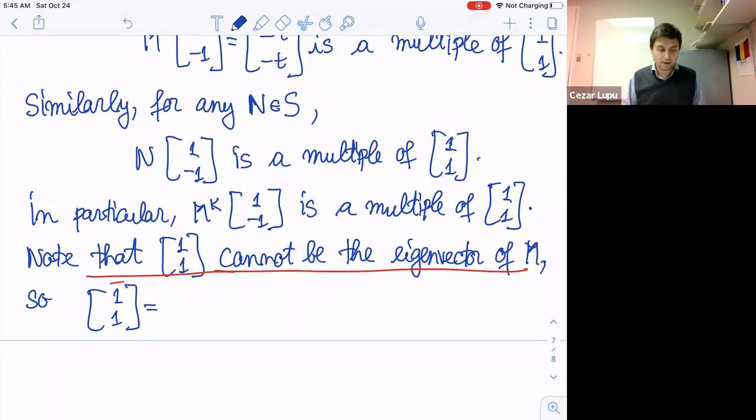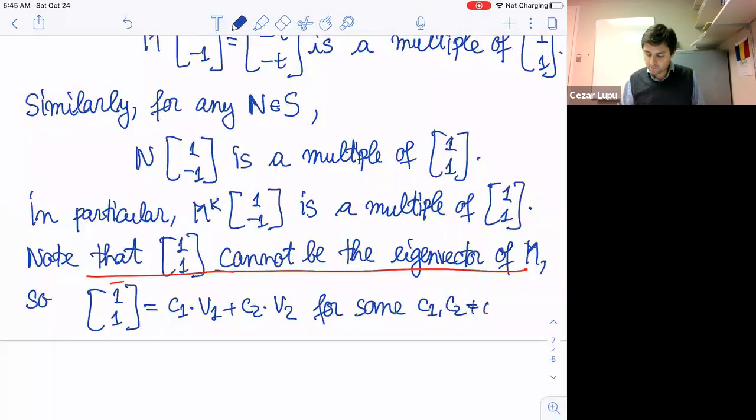So this could be something like c1 times v1 plus c2 times v2, for some non-zero constants c1, c2.